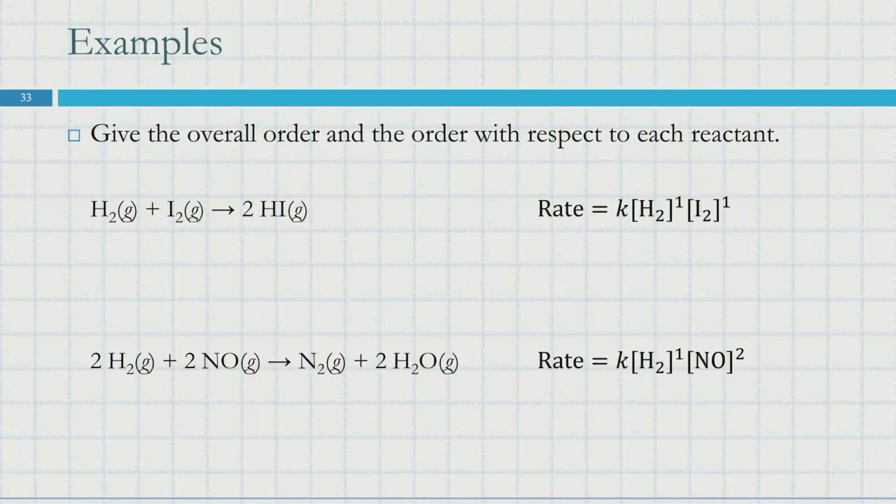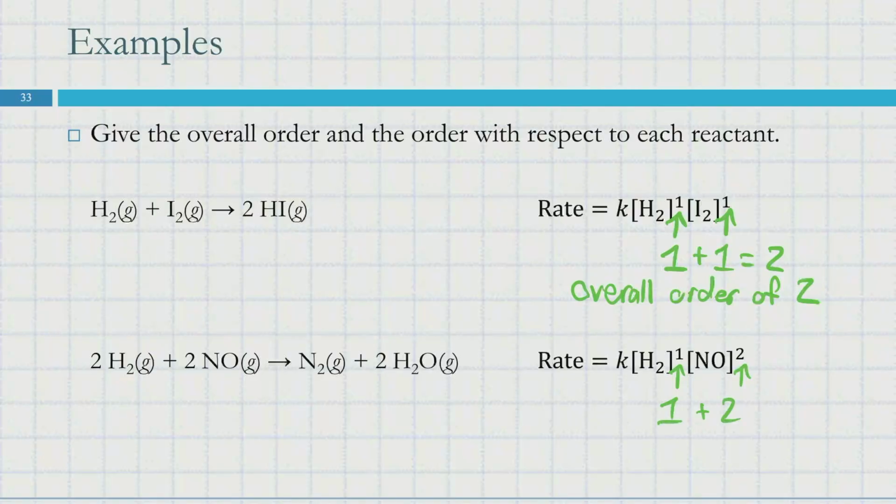So for rate 1, 1 plus 1 equals 2, overall second order, or overall order of 2. For our second one, 1 and 2, we've got an overall order of 3.